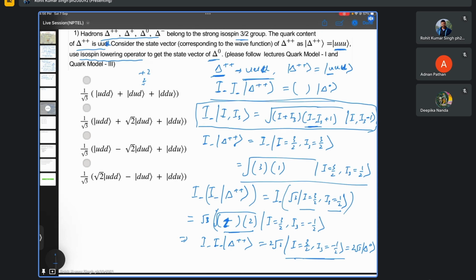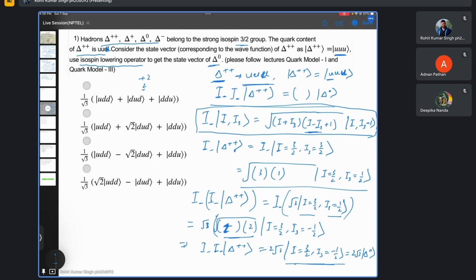So the problem says the hadrons delta plus plus, delta plus, delta 0, delta minus belong to the strong isospin 3/2 group. So it clearly says that the isospin 3/2 group only groups these four hadrons together. It's not talking about the decuplet.